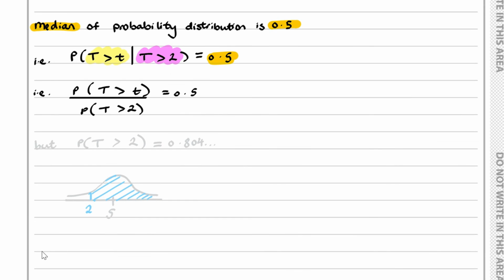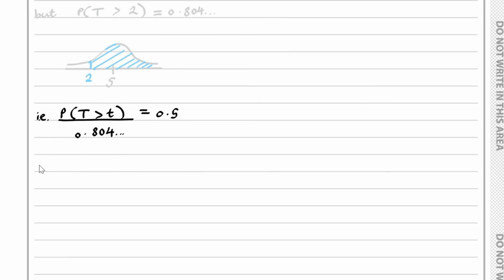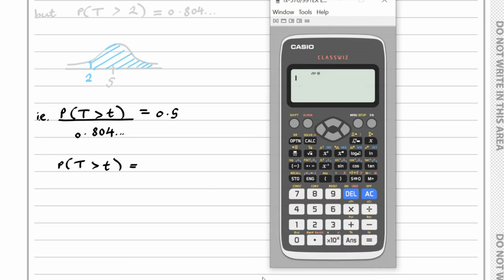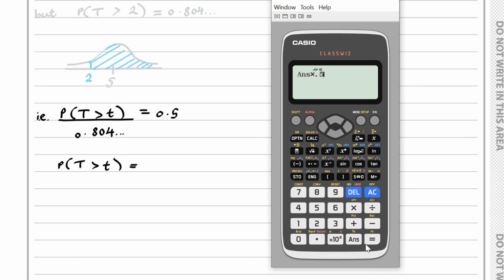So what we can see here then, we have the probability of t being greater than t, and our goal is to find this t over here, of the 0.804, etc. This is equal to 0.5. So the probability of t being greater than t, we can actually find out by multiplying this value by 0.5.